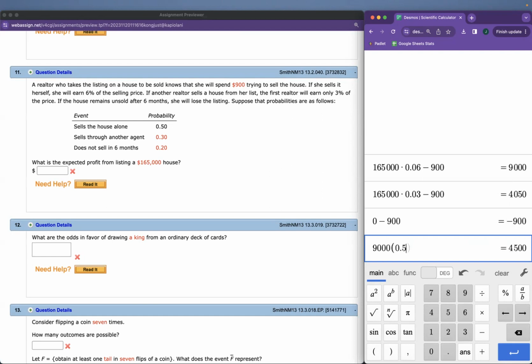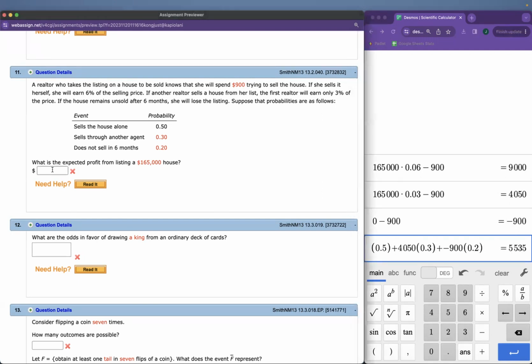So we'll just multiply and add: 9,000 times 0.5, plus 4,050 times 0.3, plus negative 900 times 0.2. And the end result is 5,535. So there it is, number 11.